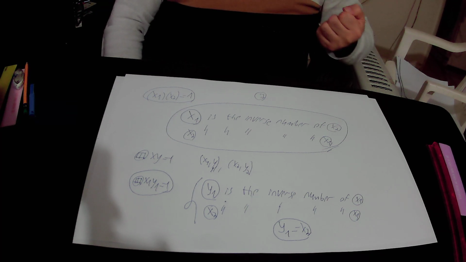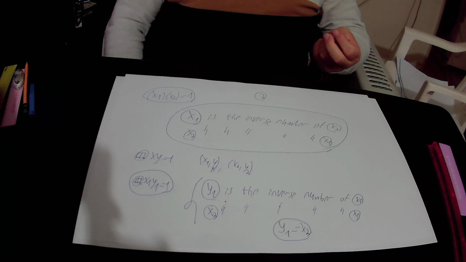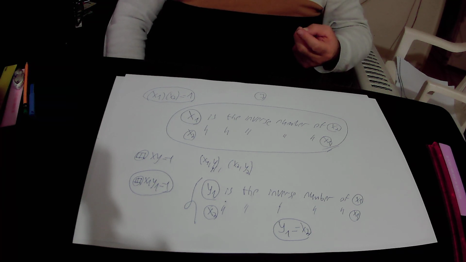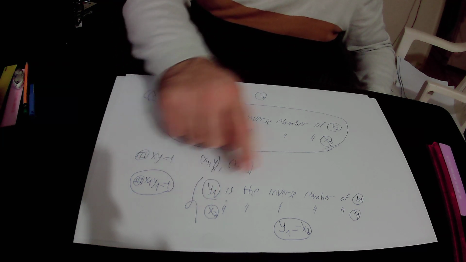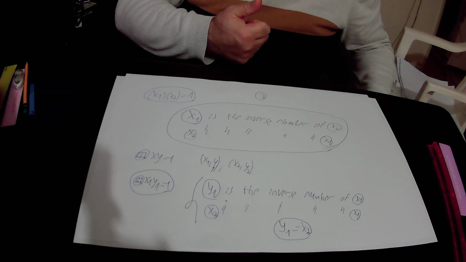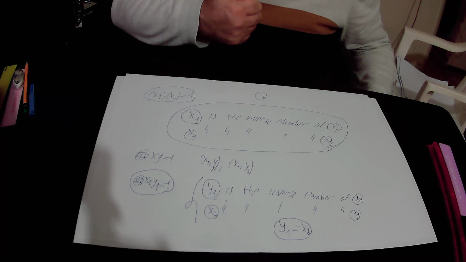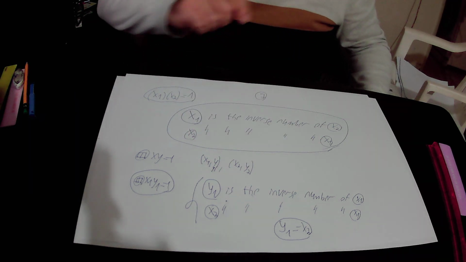And every number has only one inverse number. We have two numbers that are the inverse number of x1, but x1 can have only one inverse number. Therefore, we must conclude that y1 is equal to x2.